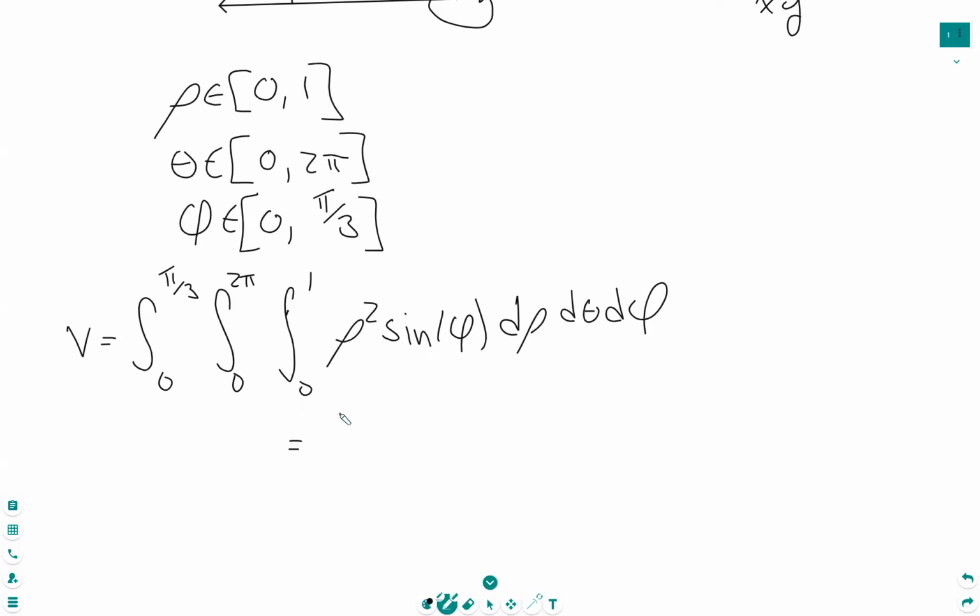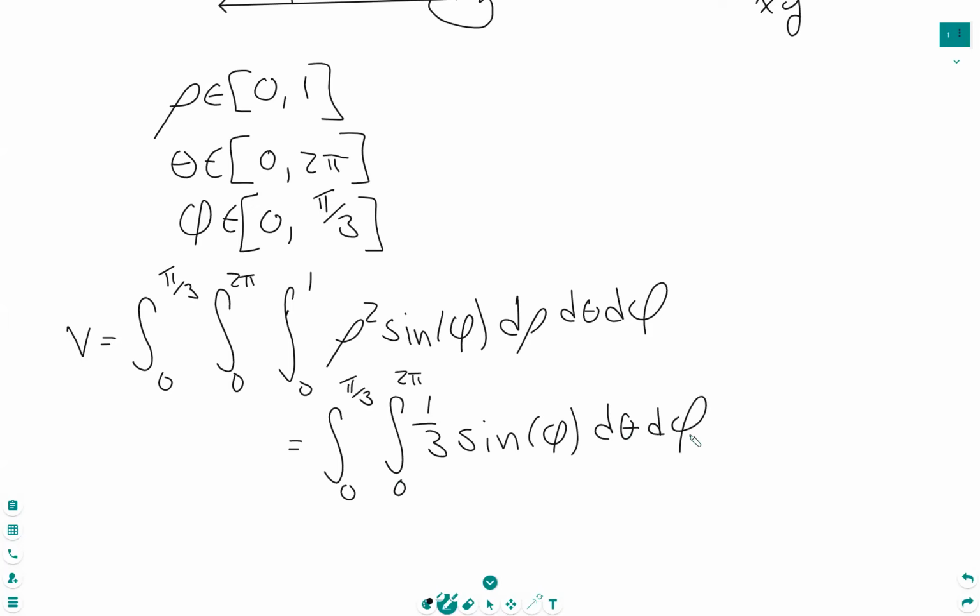So we can integrate this. 0 to pi over 3, 0 to 2 pi. We can do the rho pretty easily. This will give us a 1/3 sine phi, d theta, d phi.